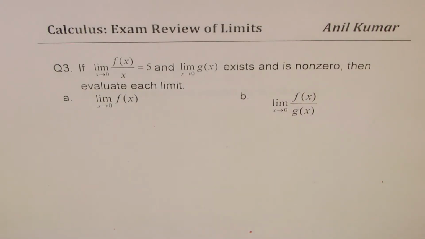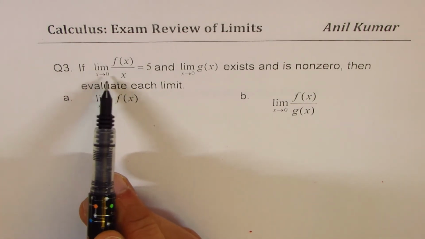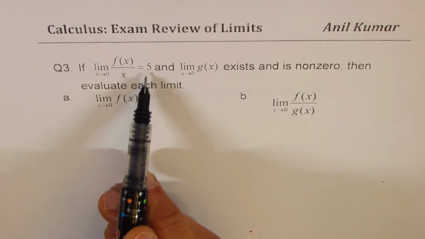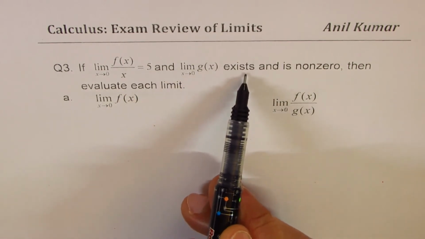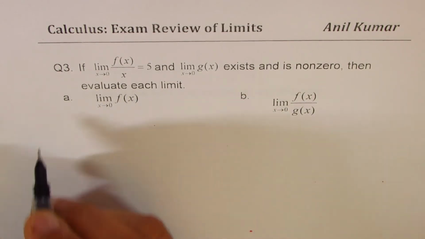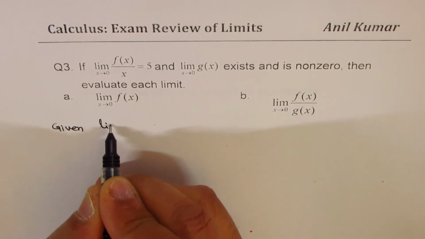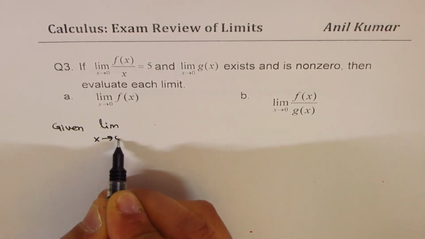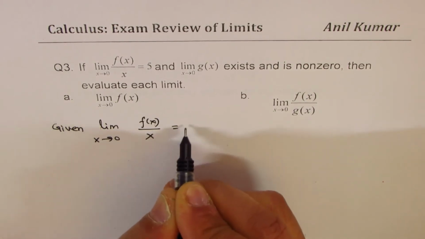Question number 3. If limit of f of x over x when x approaches 0 is 5, and limit of g of x when x approaches 0 exists and is non-zero, then evaluate each limit. So what we are given here? We are given that limit x approaches 0 for f of x over x is equal to 5, right?